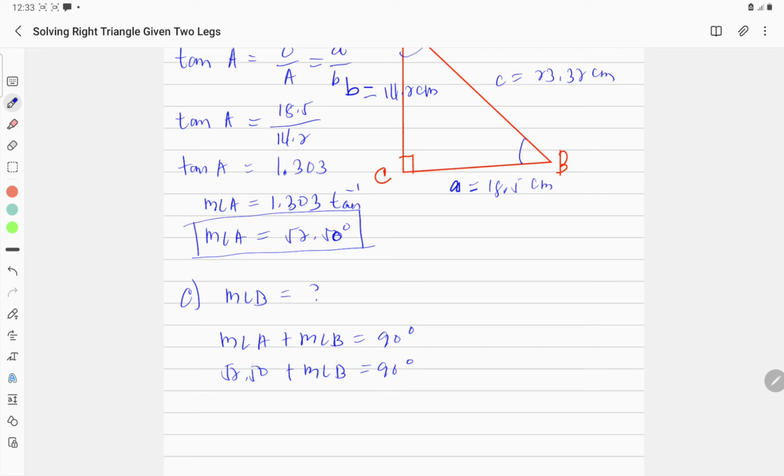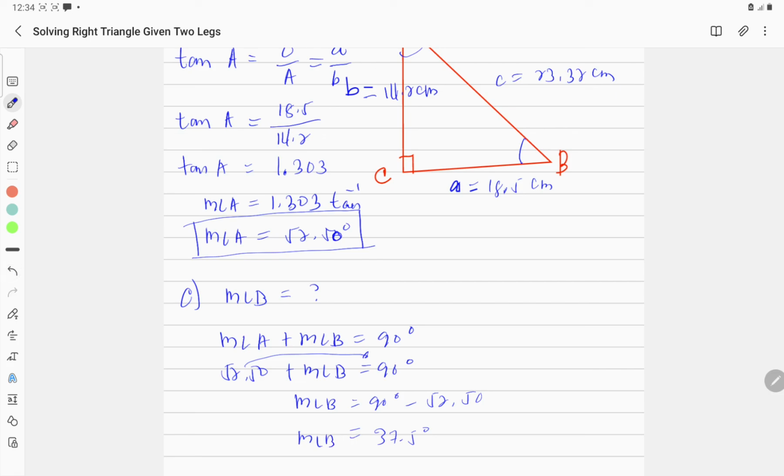Transposing this, the measure of angle B is equal to 90 degrees minus 52.50, that will give you 37.5 degrees.